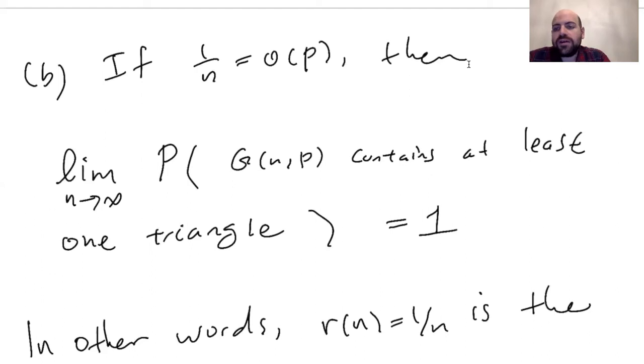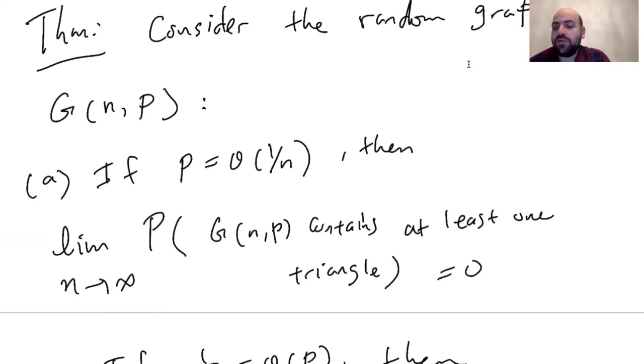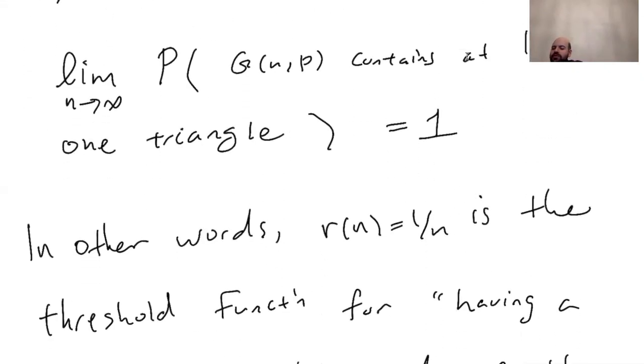And of course, you can consider, let's say, c over n, because if p is small o of 1 over n, it's also small o of 2 over n, or 5 over n. So we're talking about up to a constant. There are two things that we have to prove here.